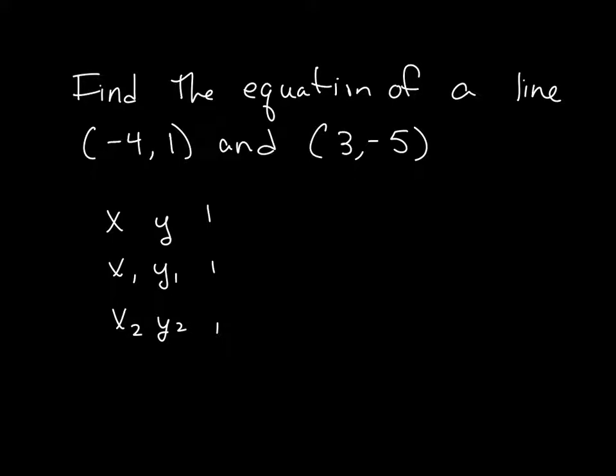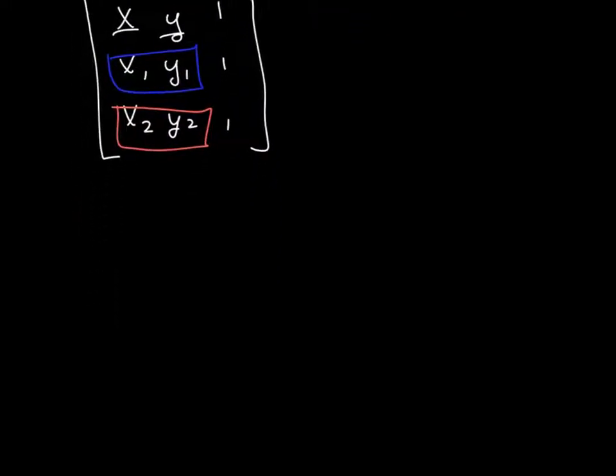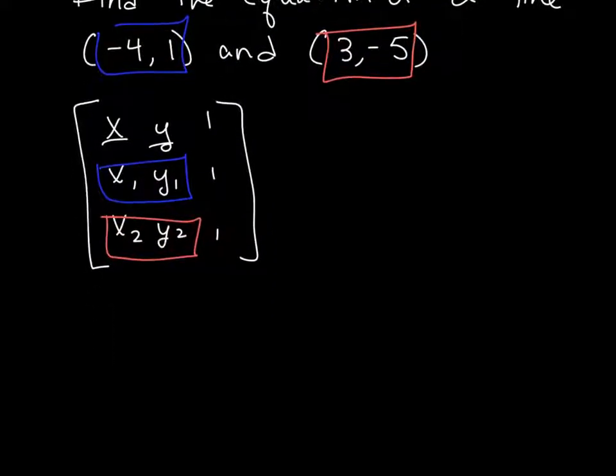Now, it's important to see with this formula that my first point gets replaced here, and my second point gets replaced here, but this x and y stay as x and y. So let's go ahead and bring all of this down and put all my points in.